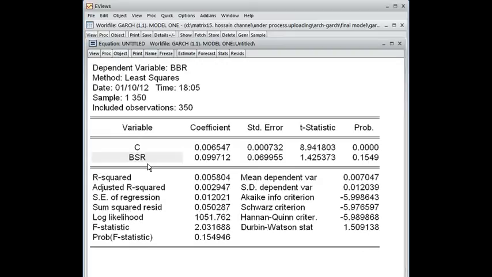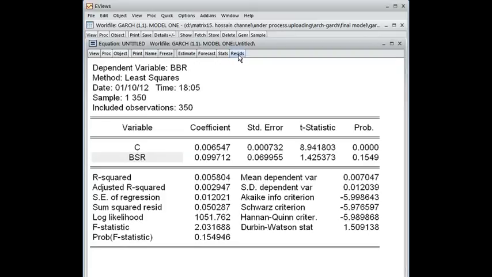Okay, and from this model I can get the residual. I can plot the residual. So how to plot the residual of this model? There is an icon called Resids.